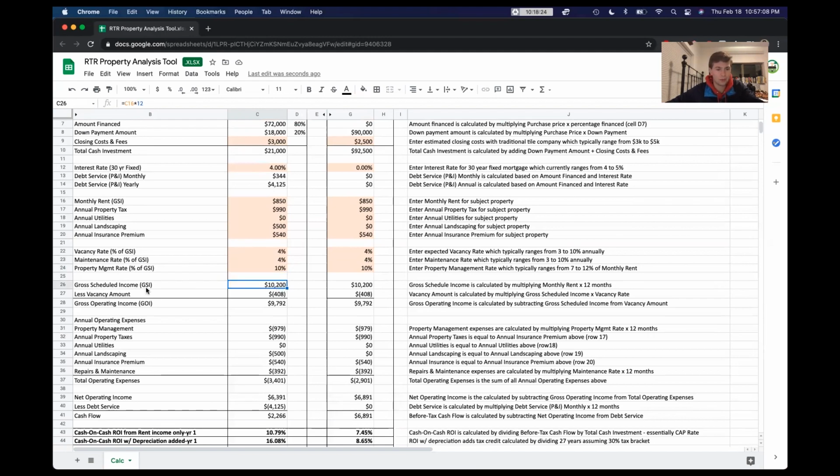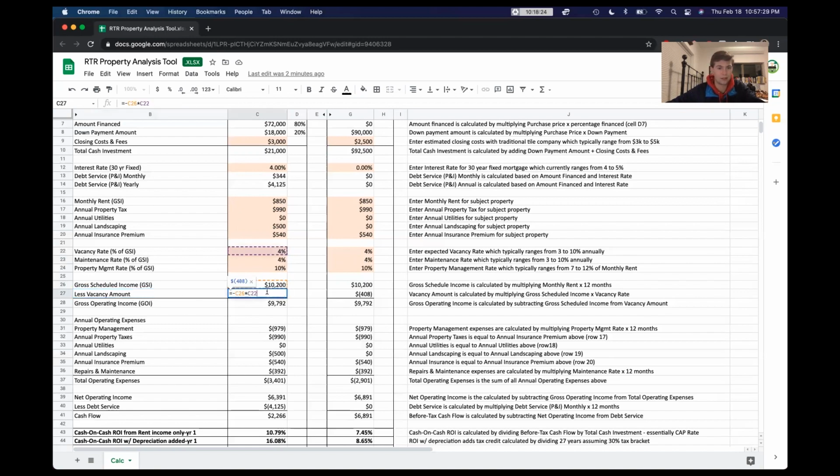Our gross scheduled income, GSI, after all this for the year, is going to come out to be $10,200. So let's look at the formula for that. We have 850 times 12, okay? And then we have the less vacancy amount, which basically just means minus the vacancy.